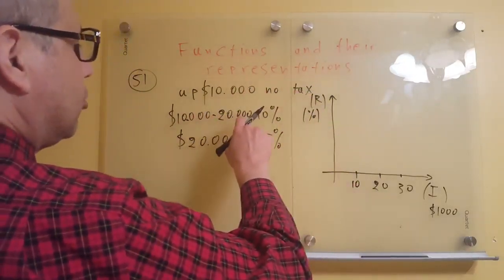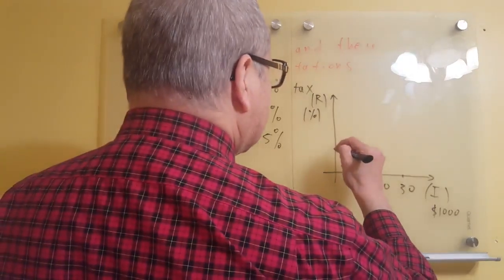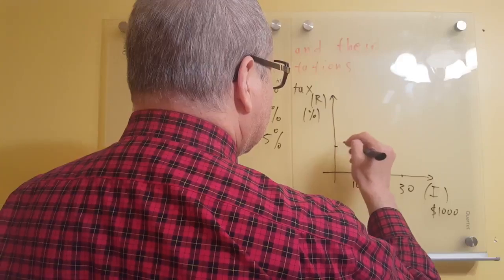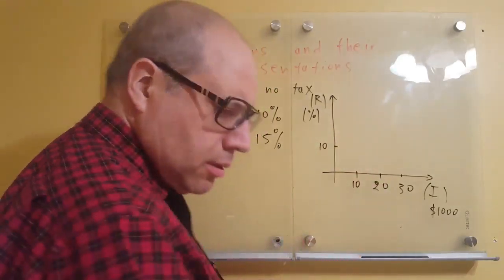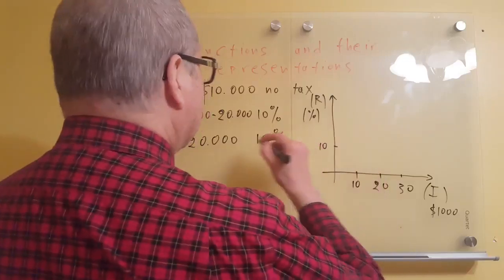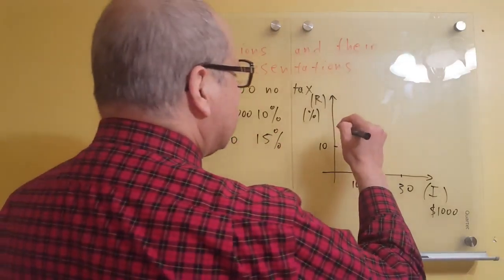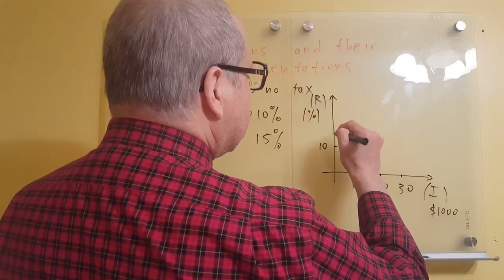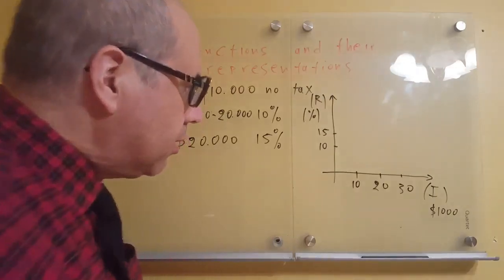From 10,000 to 20,000, it's 10%. So let's say this is the 10%. Then from more than 20,000 is 15%. So if 10 is here, 15 should be approximately here. Both of them are in percentage.